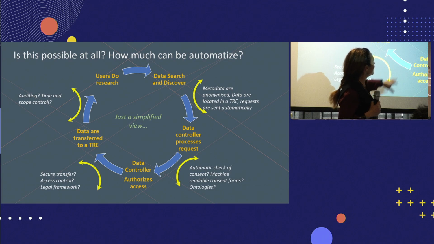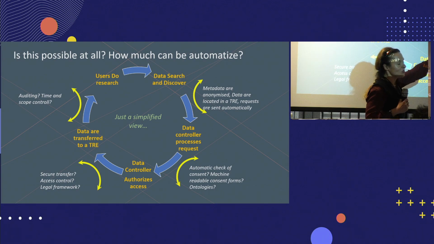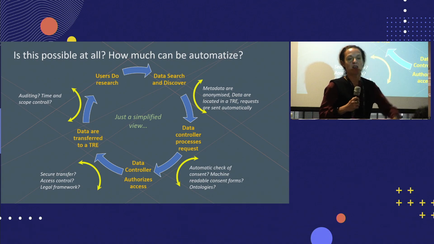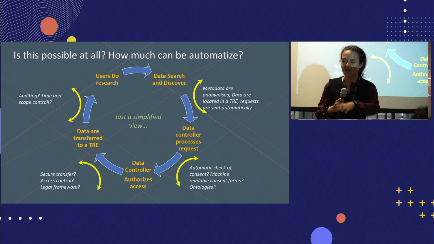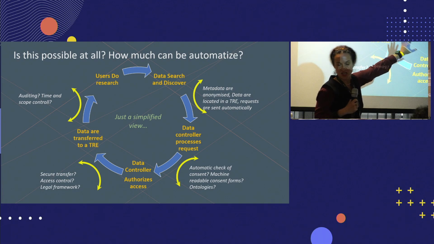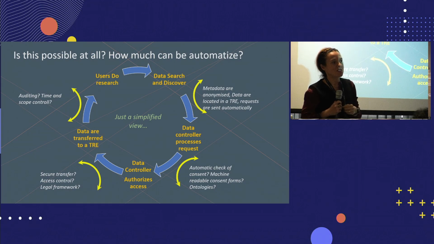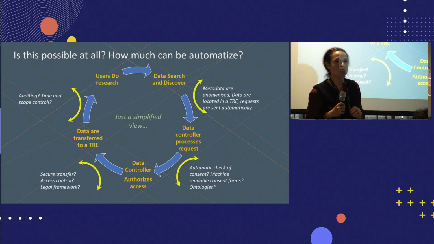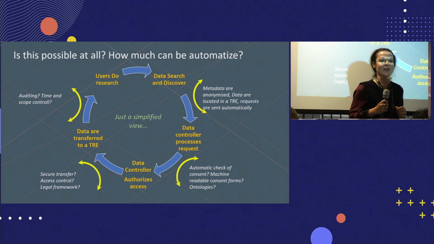But then once the data has been discovered, you need to access the data. So you need to send a request for this data. And this is what you were showing, which in EGA is very much still a manual thing. It requires some sort of people looking at this.